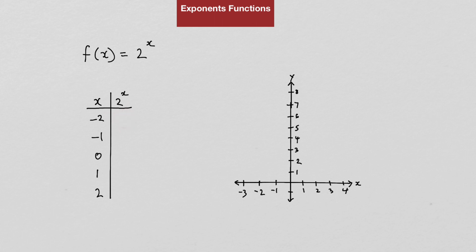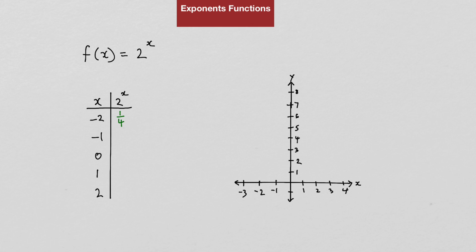So if we take the first value, -2, and insert that into the x value in this function, then what we have is 2 to the -2 power becomes 1 over 4. Okay, so we add that to the chart. The answer, 1 over 4.